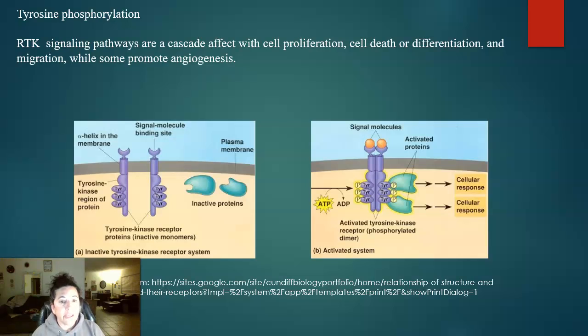So we have our alpha helix in the membrane, and then we have our tyrosine kinase regions of the protein. Those signal molecule binding sites are made of monomers. And then once we have our chain of events, those monomers come together to become a dimer.